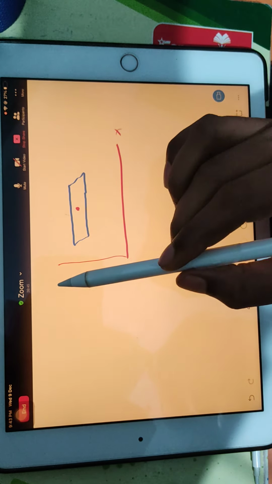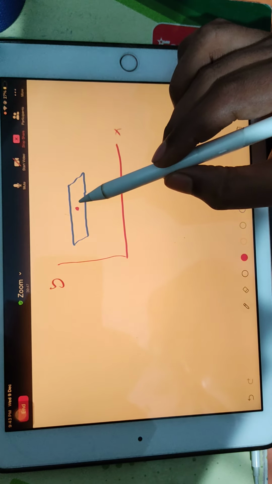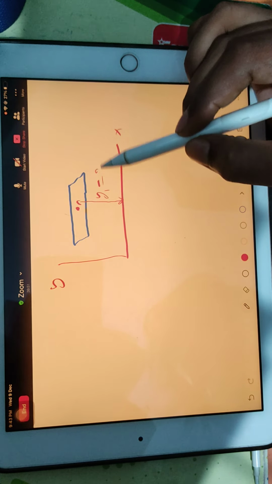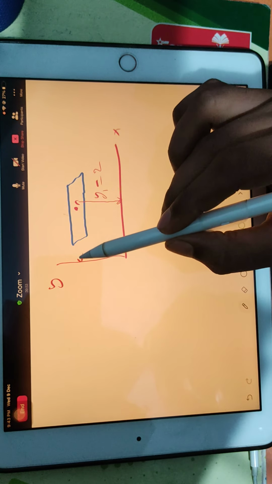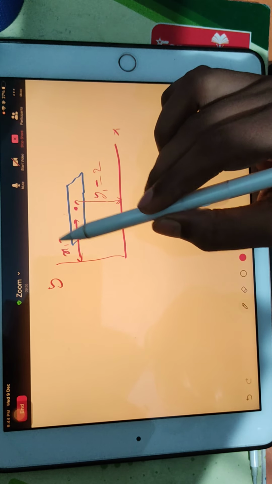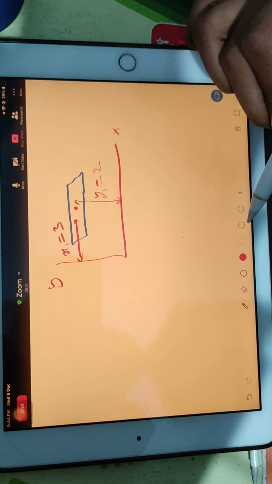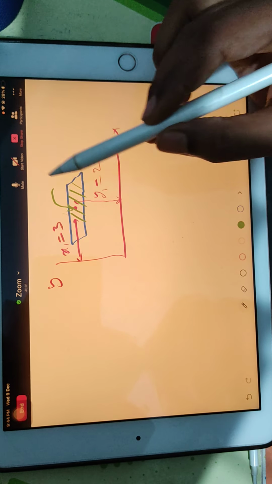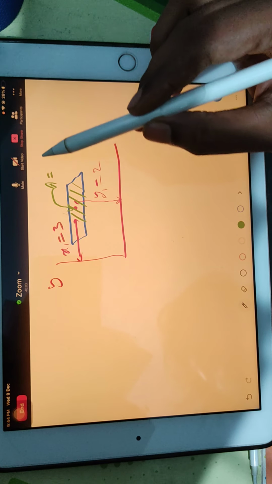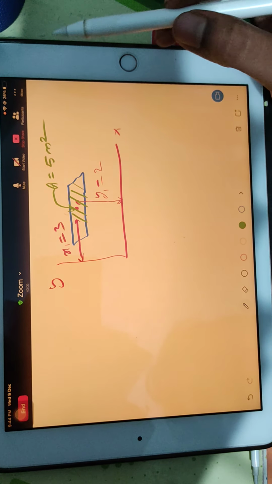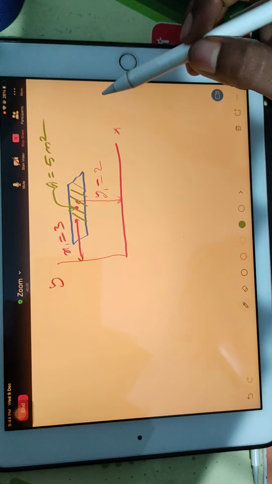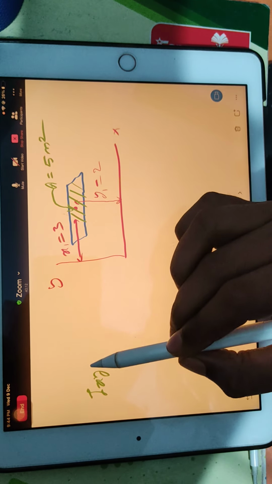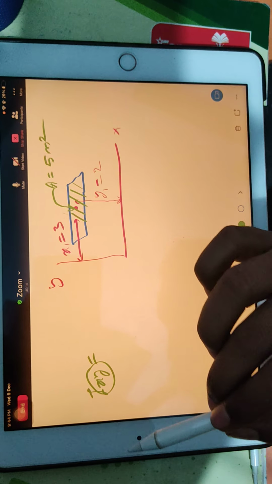Suppose this is your x-axis, this is your y-axis, and this area is lying at y1 distance, suppose that is 2, and this distance, x1 distance, suppose that is 3, and the total area of the rectangle that is acting at this point as A is equal to, suppose, 5 meters square. So now, if you want to find out the third one, I am saying now, IXY. The IXY now I am teaching.